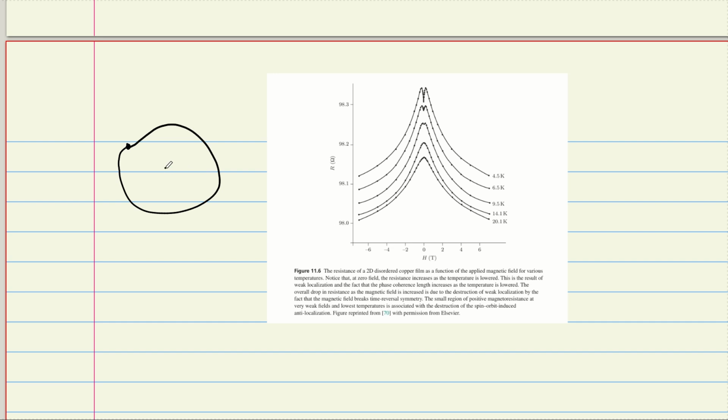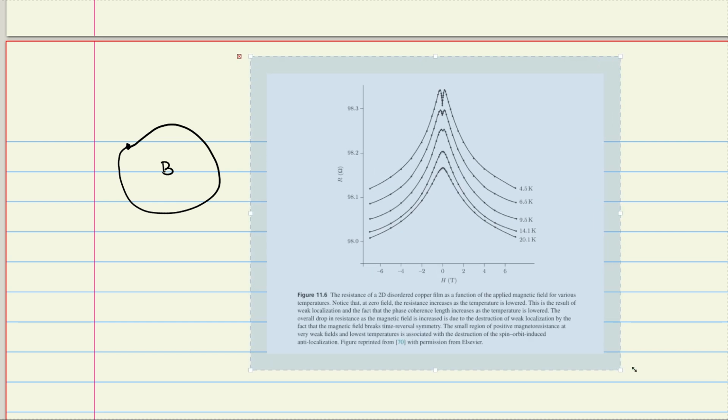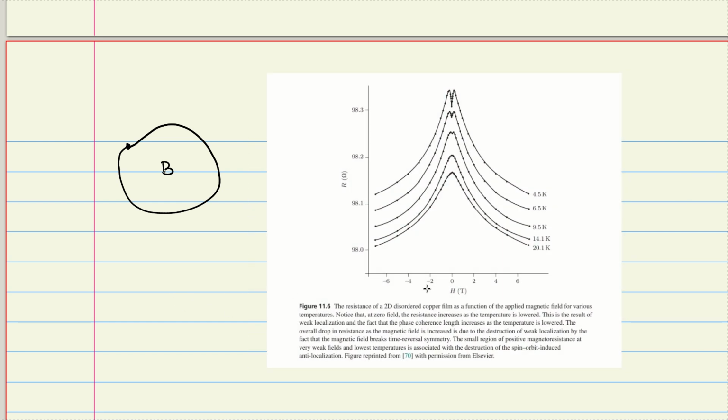But suppose I put a magnetic field, right? When I put a magnetic field, I break time reversal symmetry. And if I break time reversal symmetry, this interference between these two loops is going to be destroyed. Then the idea is I can probe this effect by just looking at the change of conductance or resistance with magnetic field, and this is exactly the experiment that does that.